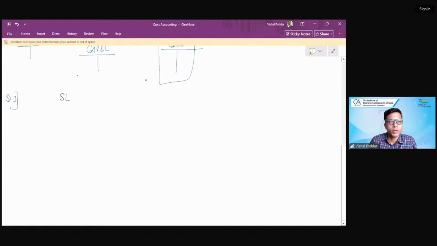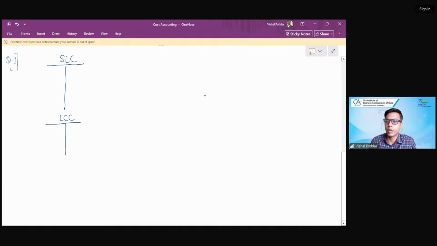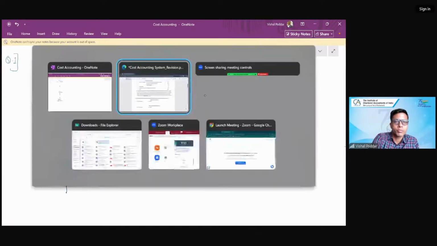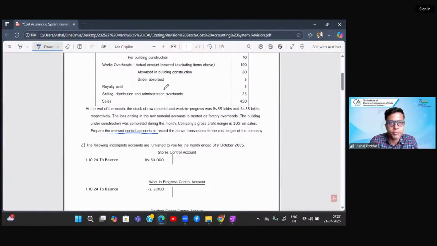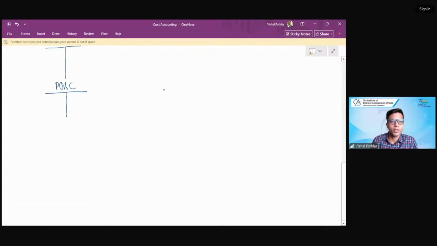So my first account is the material account. Students, I'm just using short forms for the purpose of saving time. Then for labor, we have LCC. Then I have the production overheads control. In this sum, if I see the details, they have merged selling, distribution, and administration, so I need not prepare two separate accounts.